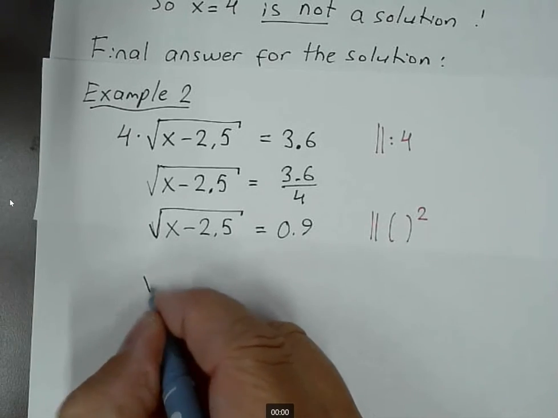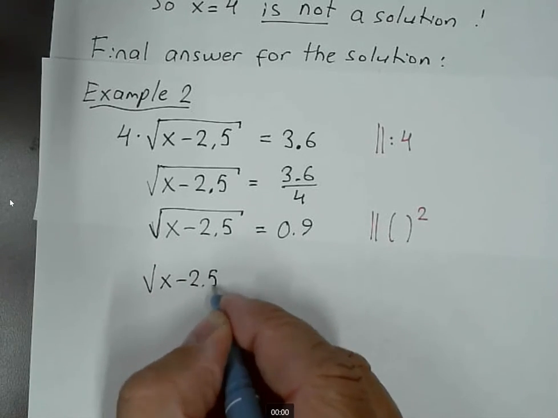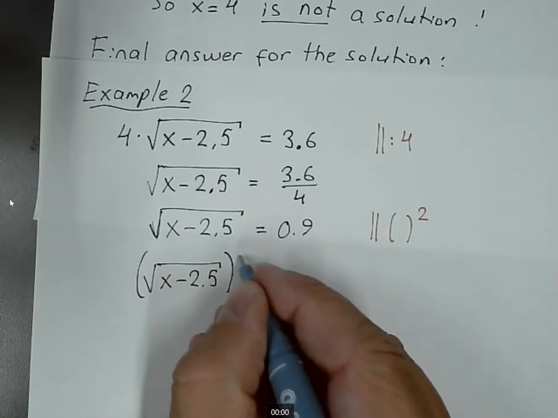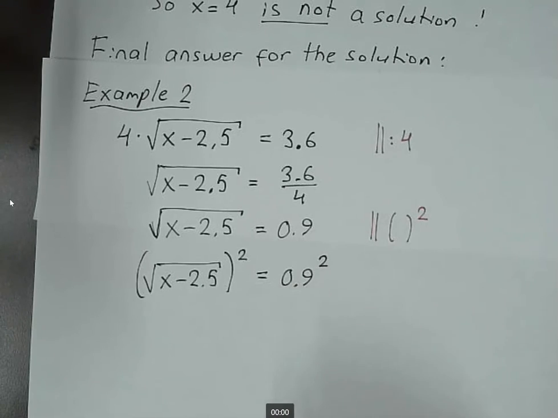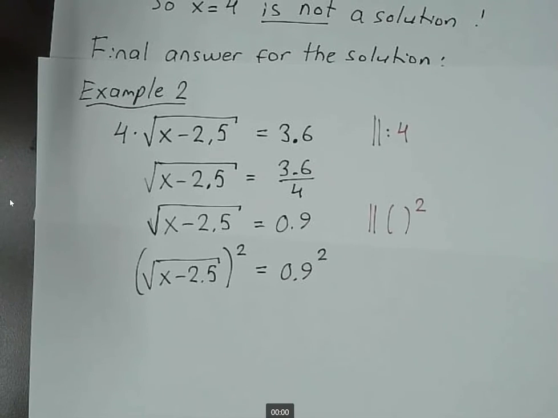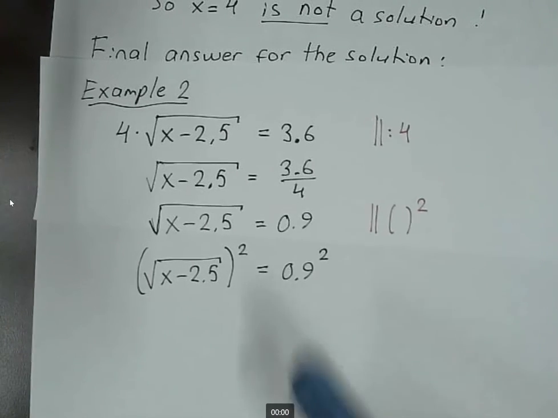So now we have the square root in the left hand side, and it will be raised to the power of 2, and the same happens in the right hand side. This step is quite critical here.